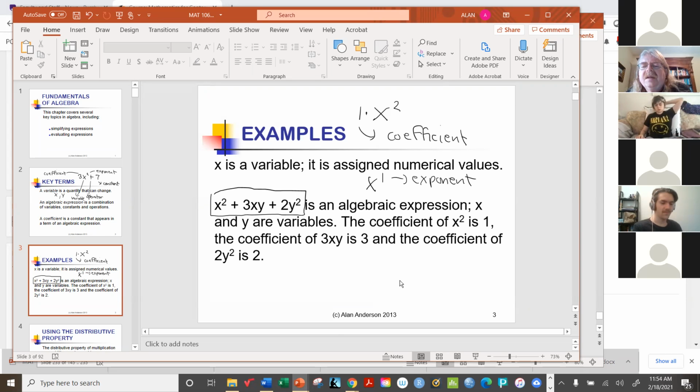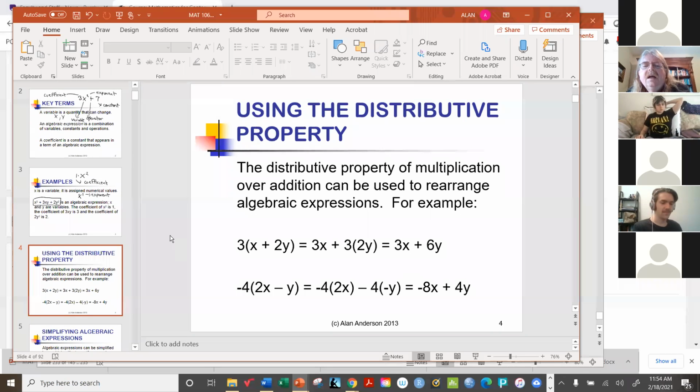All right, what do I mean by that? Remember, if I have something like this, I'm going to multiply this constant by each of these terms, and then I'm going to add them together. So I've got 3x plus 3 times 2y, or 3x plus 6y.